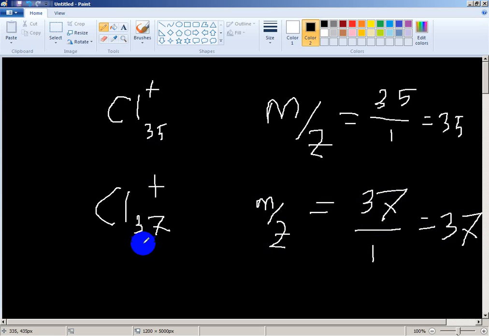Which ions will deflect more, chlorine 35 isotope or chlorine 37 isotope?